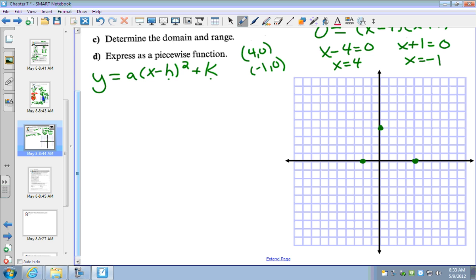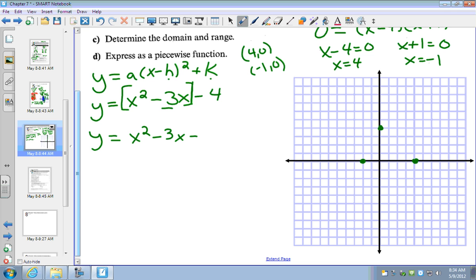So in order to do this, we actually need to complete the square. So I'm just going to do the regular function first without the absolute values. Remember, we started with x squared minus 3x minus 4. And we need to complete the square. So what we do is we look at the middle term, and we take half of it and square it. So we go x squared minus 3x plus half of negative 3, which is negative 3 halves, all squared.